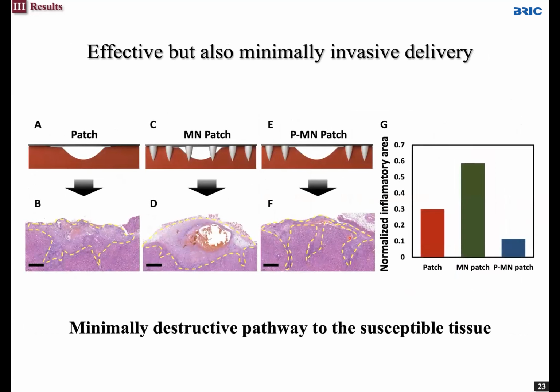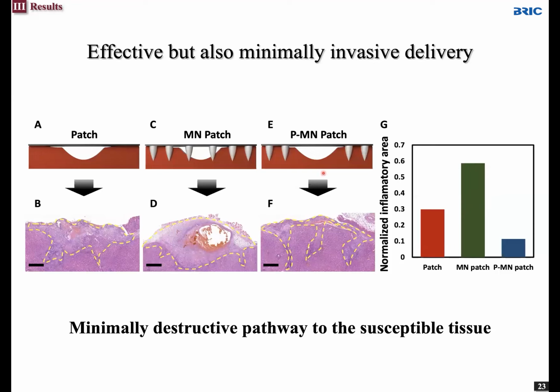So what's actually more important is the quantized size of the inflammatory region in each case. The conventional microneedle patch showed even worse healing compared to the needle-free patch, which may not damage the wound. So we can quantify here: the microneedle patch shows double the inflammatory response compared to the needle-free patch.